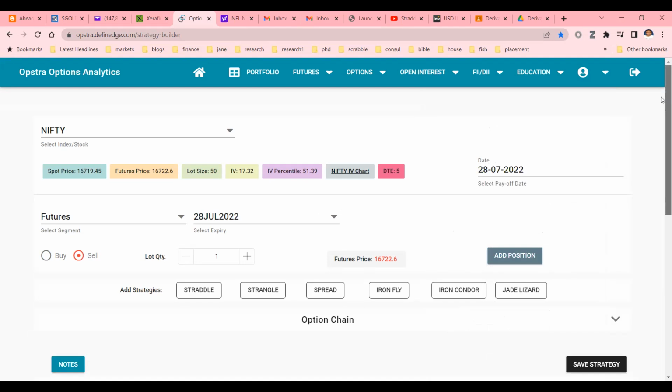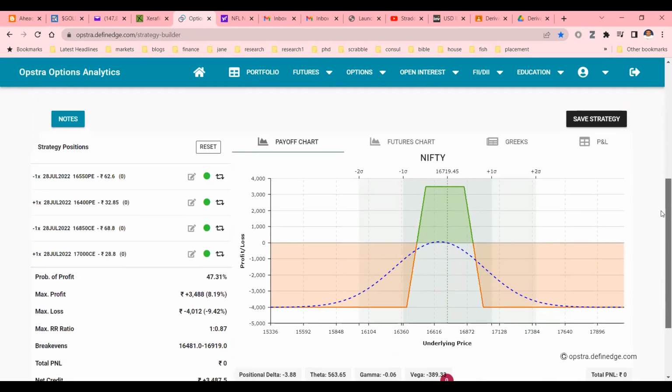So when you sell the iron condor, this is how it looks. Okay. So students, when do you think we are going to make the maximum profit? When do you think we are going to make the loss in this strategy?